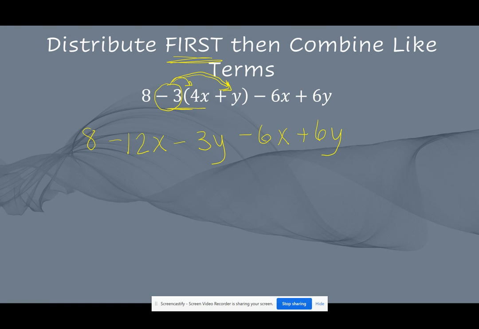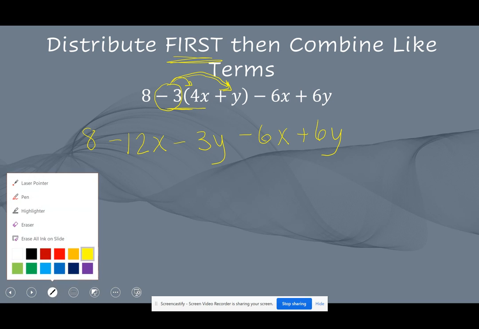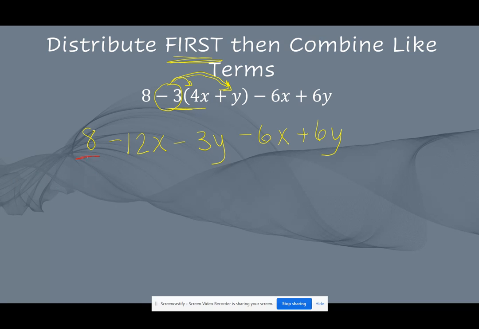And now you just want to combine your like terms. So if we look, I'll grab a different color. So we have this 8 here. I don't see an 8 anywhere else, or a number anywhere else, so I'm just going to copy it. So now we're done with that 8. Right here I see -12x, and I see another x term right here.